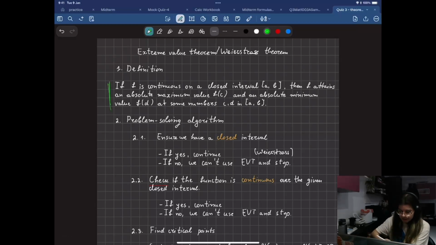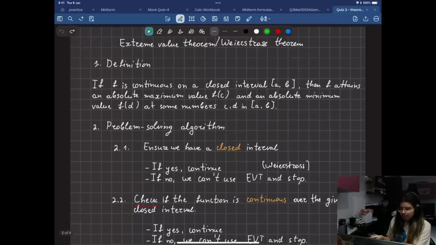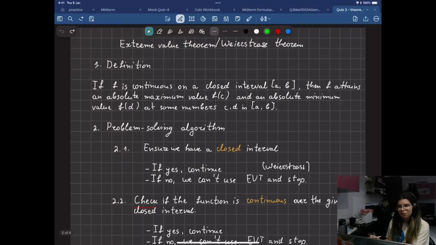So first we have the definition of the extreme value theorem, and the definition is a very fancy sounding thing for something that's extremely intuitive. It basically says if a function is continuous over a given interval, then it must have an absolute maximum and minimum within this interval. That's it, right? So the math explanation is slightly longer, but that's it.